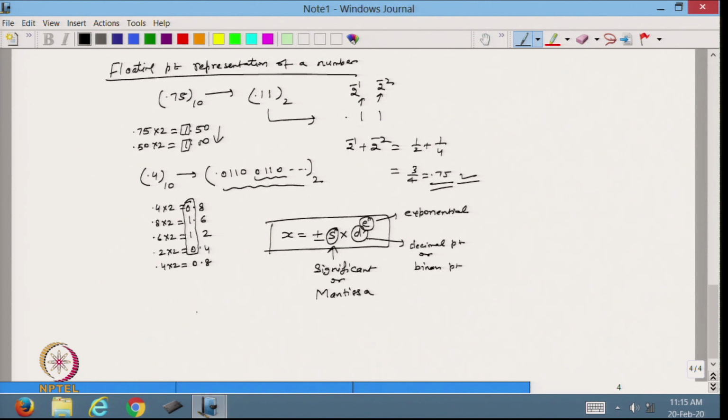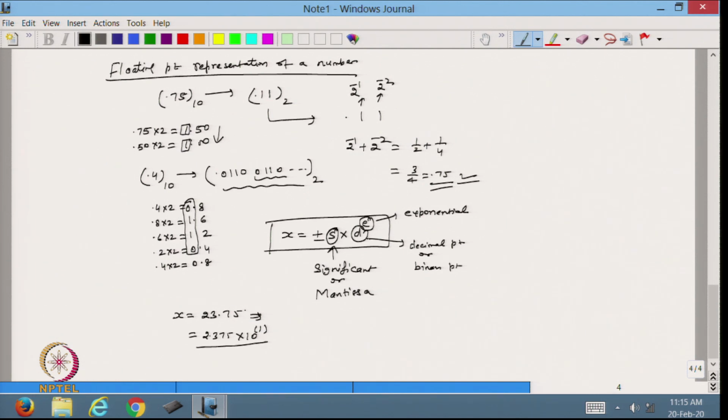In this case I can present any number. Suppose I have a number x is equal to maybe 23.75. I can write this number as 2.375 maybe multiplied by 10, in this case the power is 1.